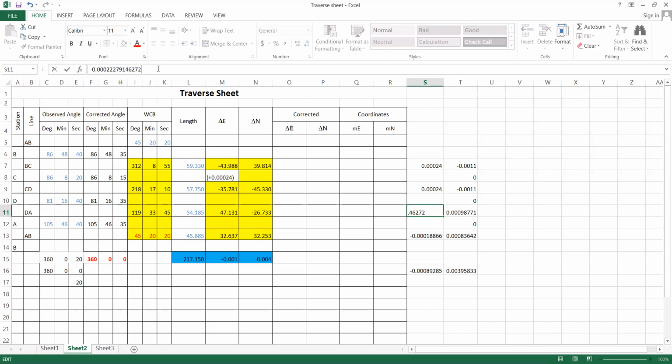The usual practice is to put them below the, say I make it, I mark it for 2 decimals. This should be minus.